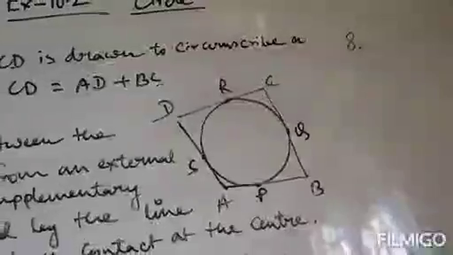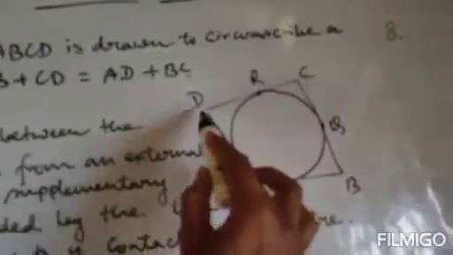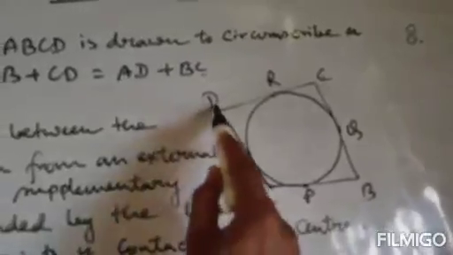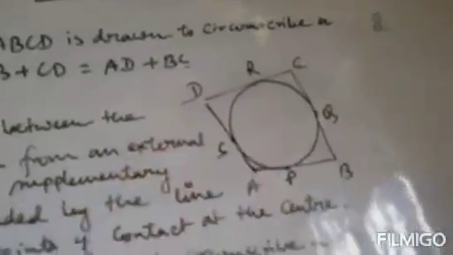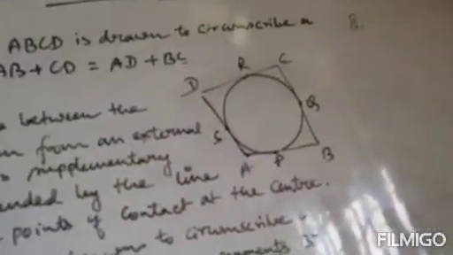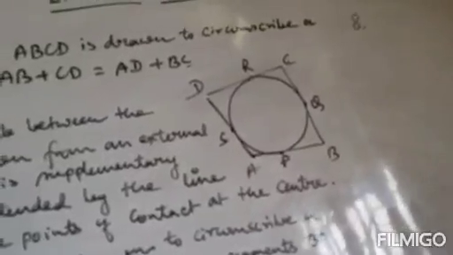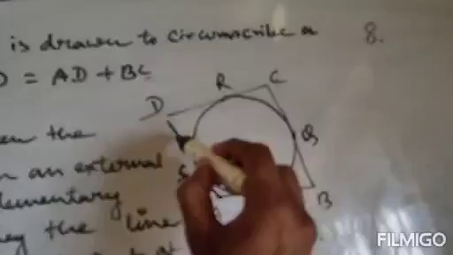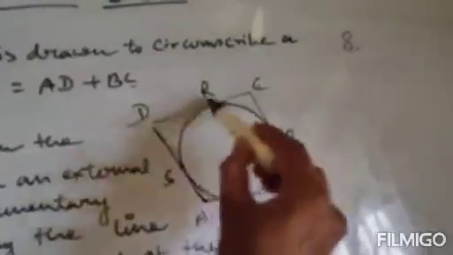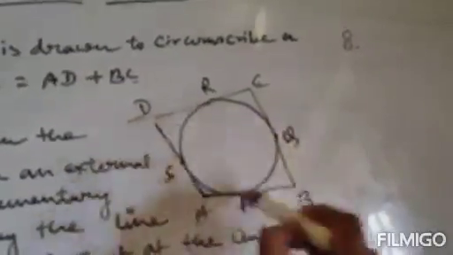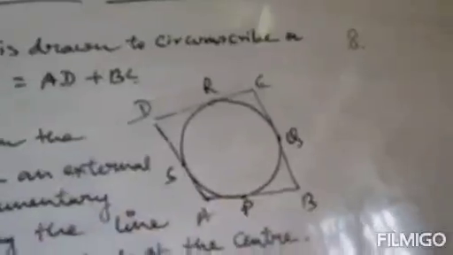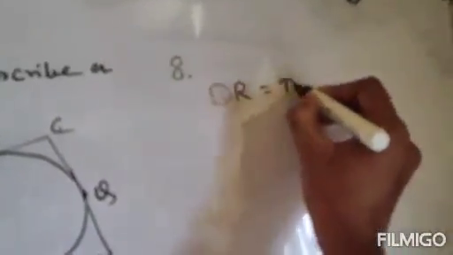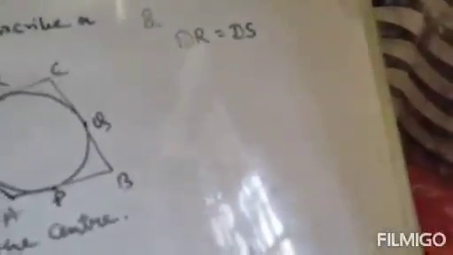So from point D, DR is a tangent and DS is a tangent. That means DR will be equal to DS, because the lengths of tangents drawn from an external point of a circle are equal. DR is a tangent, DS is also a tangent on the circle, so DR equals DS.